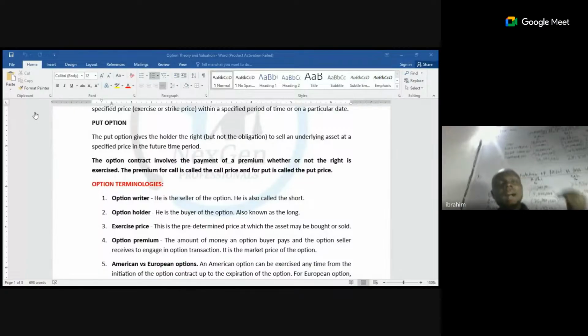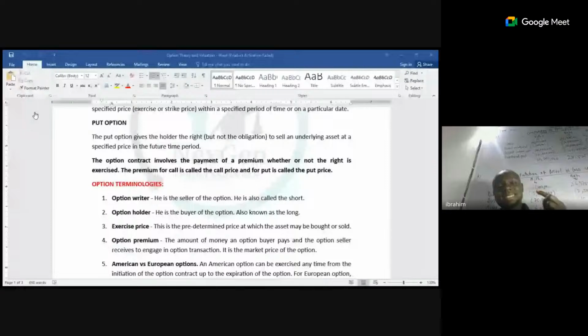Plus, we have what we call the option premium. The amount of money an option buyer pays. Of course, class, when you go to the option markets, whether or not you exercise your rights, you will pay what we call the option premium. In the stock market, we have a transaction cost, whether you buy or sell a stock.